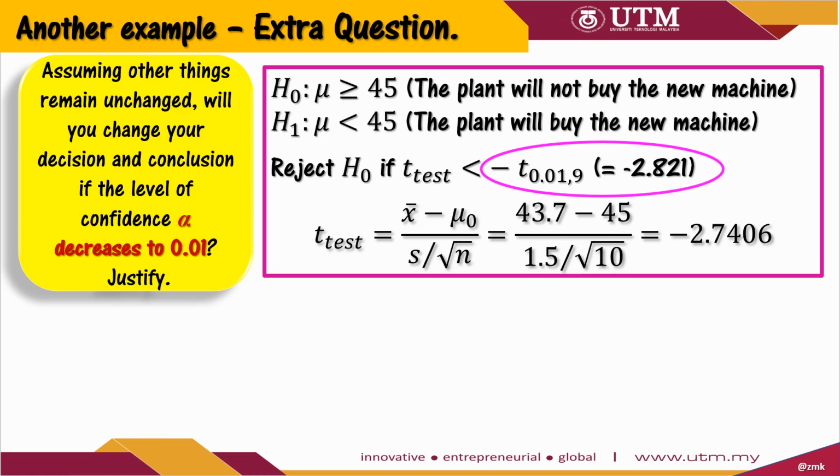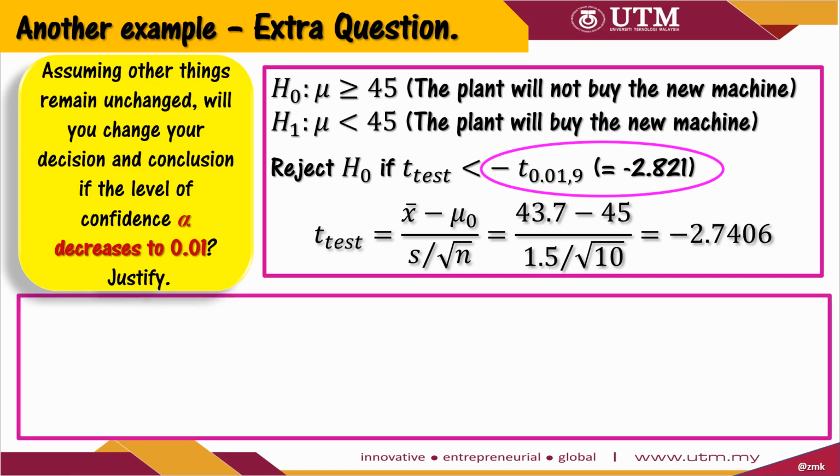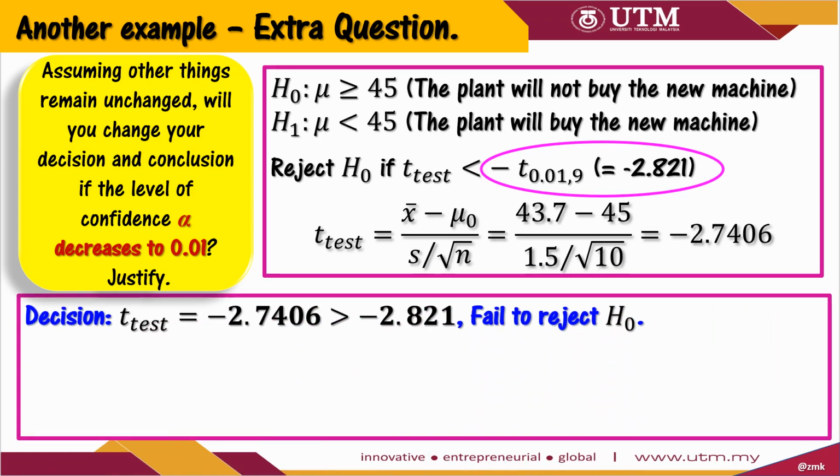By comparing the t-test and the new critical value, we can see clearly that t-test is larger than the critical value. Therefore, we fail to reject H0, which suggests that the mean packing time could be at least 45 seconds per carton.